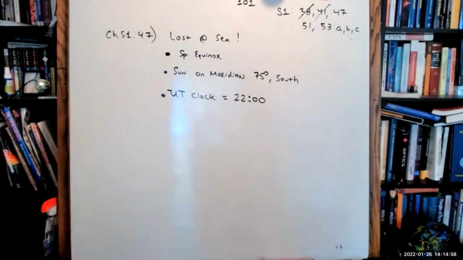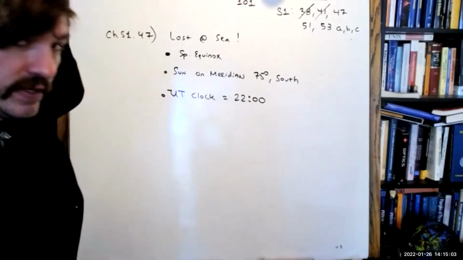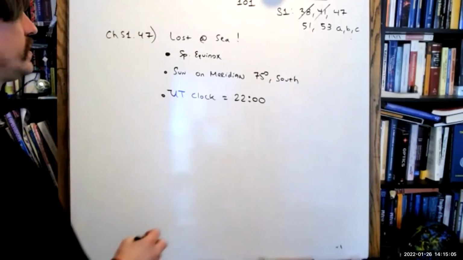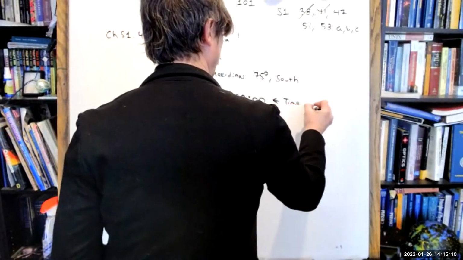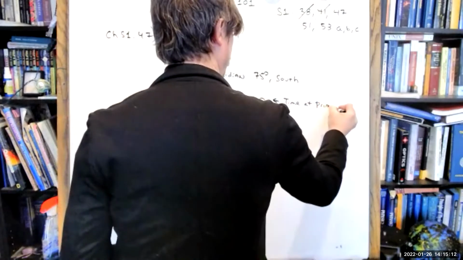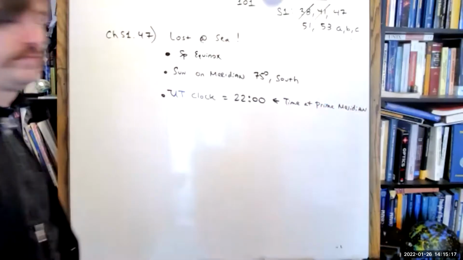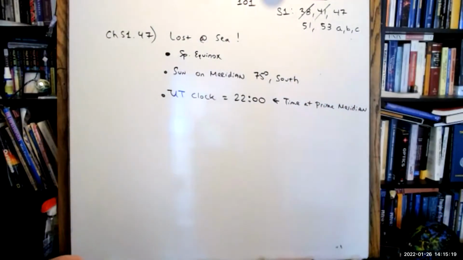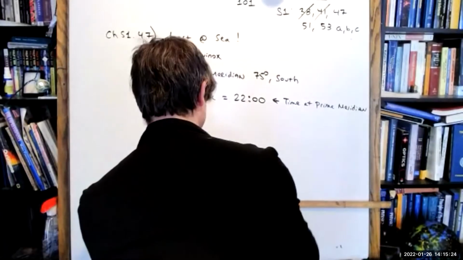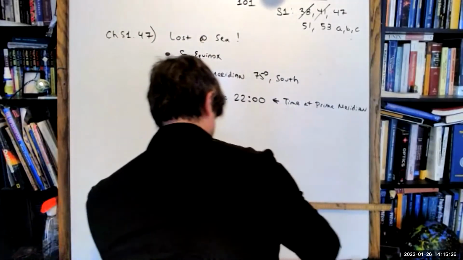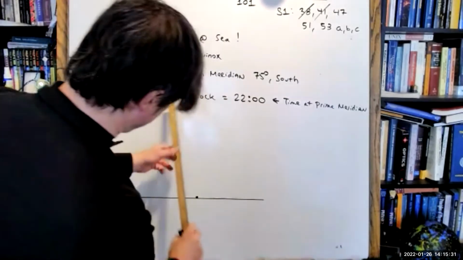All right, so what is your latitude and how do you know? Altitude, John, altitude. Okay. This is the time at the prime meridian. That's your universal time. Let's draw a diagram here. Draw a 10-centimeter line, mark the midpoint, make yourself a dome.